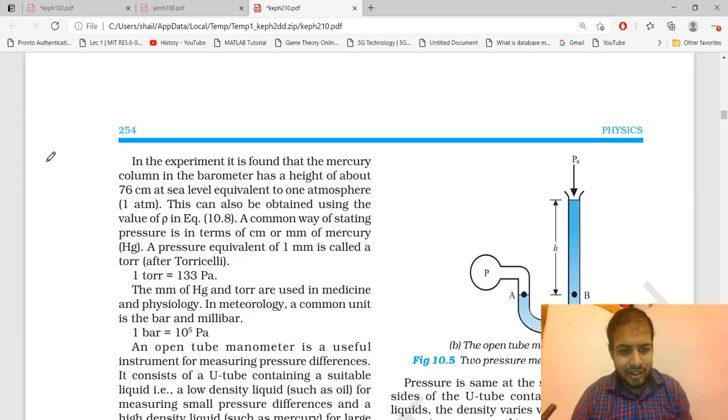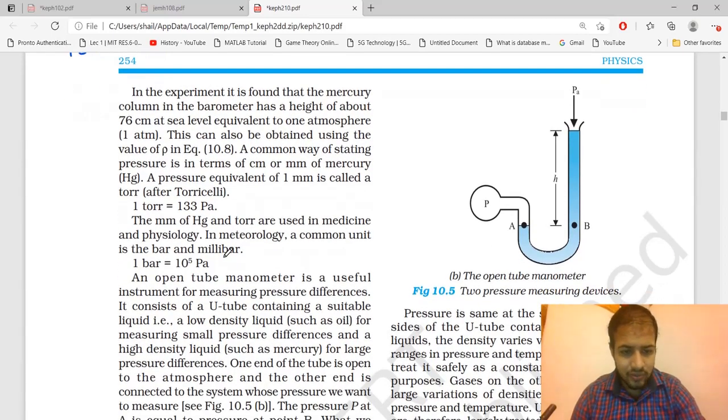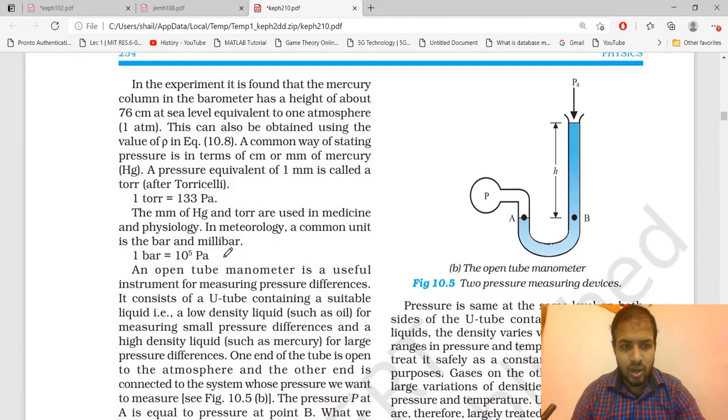If it is 76 centimeters, you can write 760 mm. 760 mm equals 76 centimeters. You use this conversion. If the question is in centimeters, you solve it in that, and if the question is in millimeters, you have to solve it in millimeters.